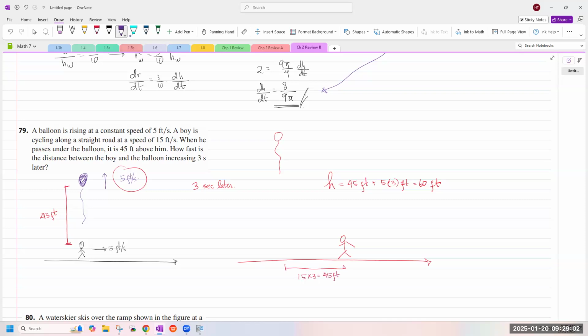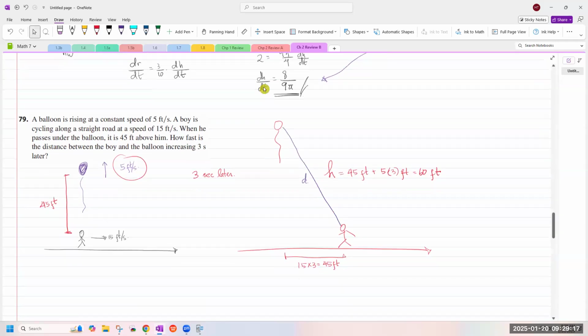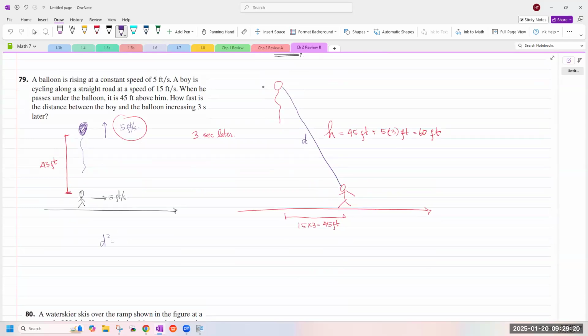Now what they want is how fast the distance between the balloon and the boy is increasing 3 seconds later. Let's call this D. So D squared equals the height squared plus the horizontal distance squared. What do I want to call that? Let's call that x. What we are interested in is the distance. Let's call that z then instead of D, because we use d for the differential, right?